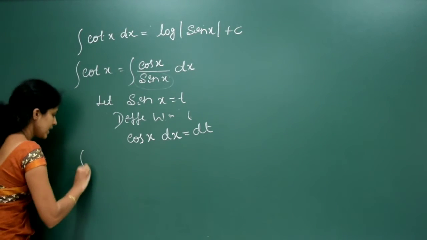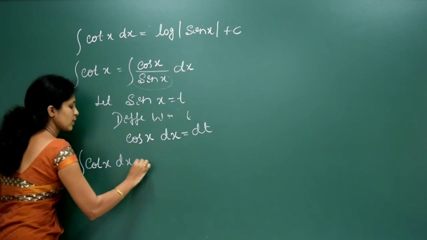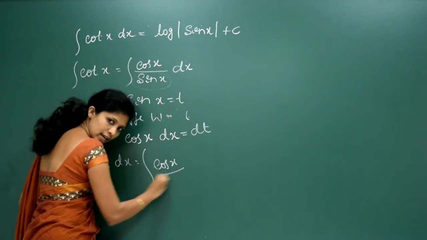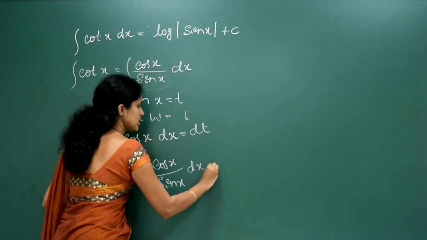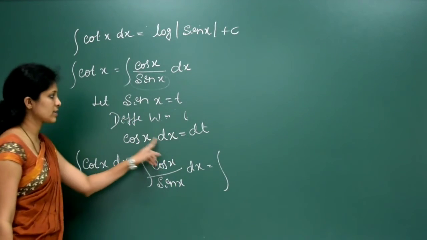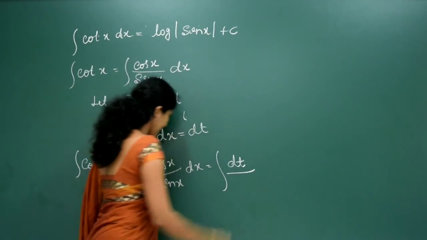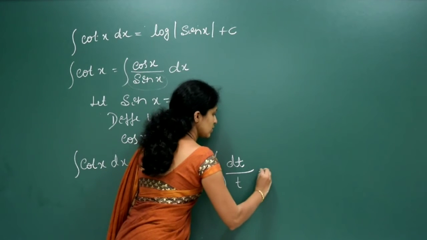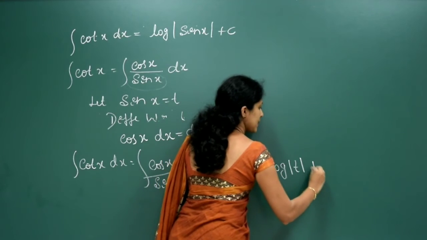Let us substitute that. Integration of cot x into dx is equal to integration of cos x divided by sin x into dx. So this can be written as integration of dt divided by t, where the substitution is t equals sin x. So the integration will be log of mod t plus c.